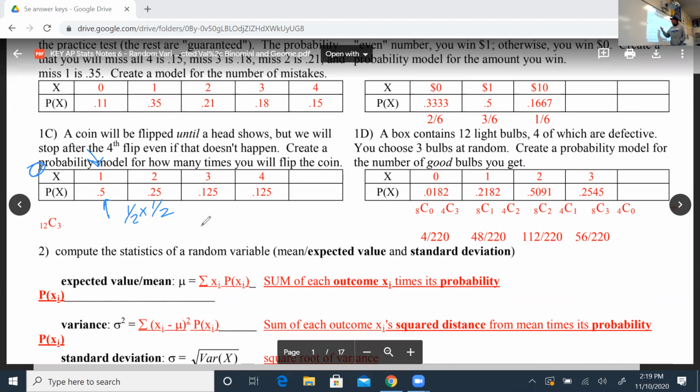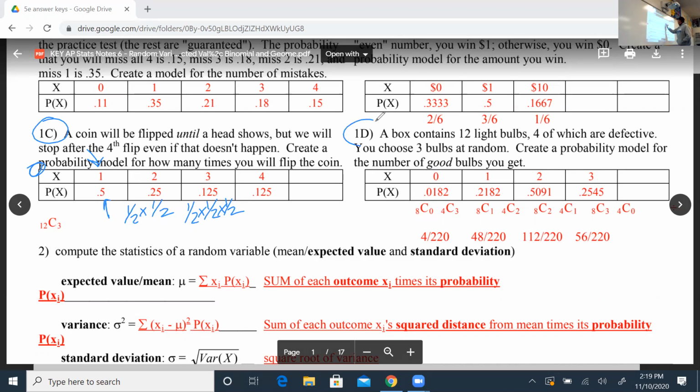There is a 1/8 chance, or 0.125, that the first head happens on the third flip. That is a half times a half times a half, which is 1/8. And then you're going to stop after the fourth flip, even if it doesn't happen. Fine. That's pretty easy.